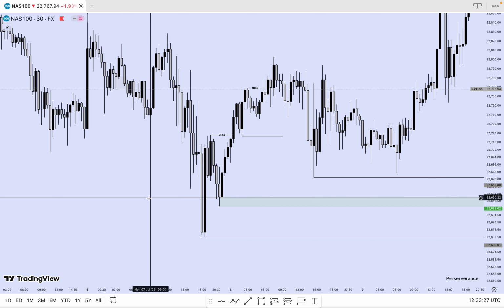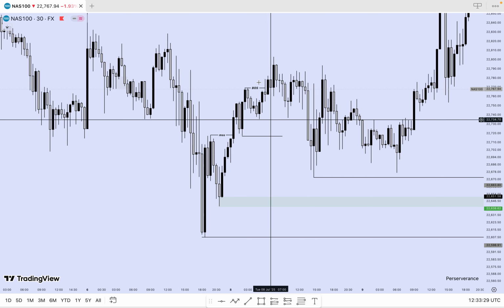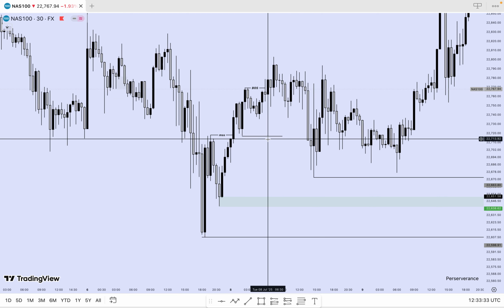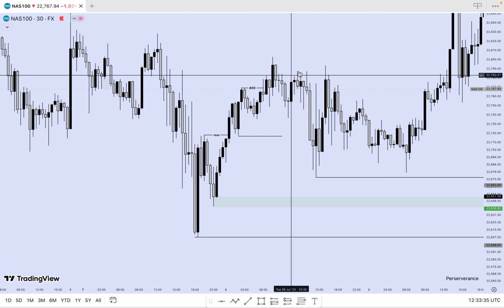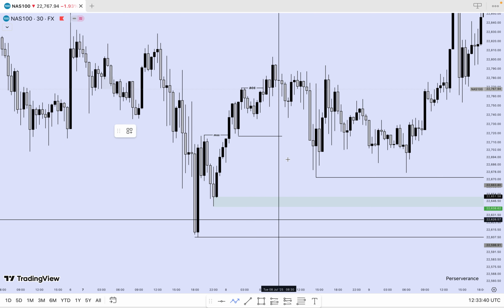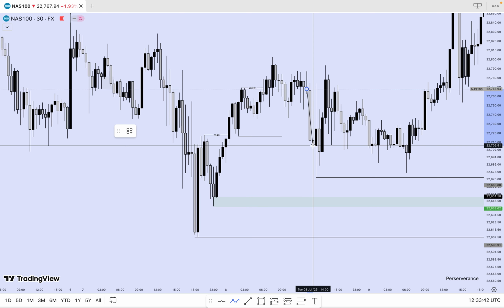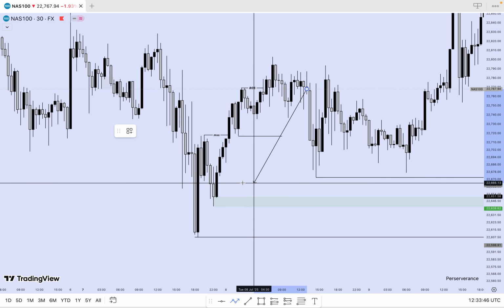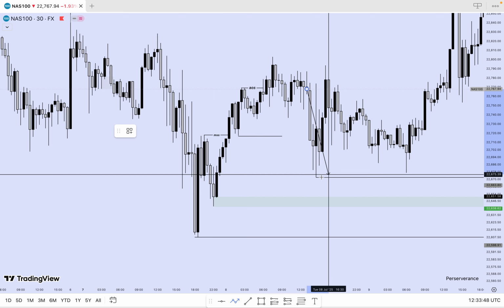Now, this one here is correct as your inducement because this is the first pullback. But when this one is coming back down, it actually came down lower than this one, and it still did not tap my point of interest.